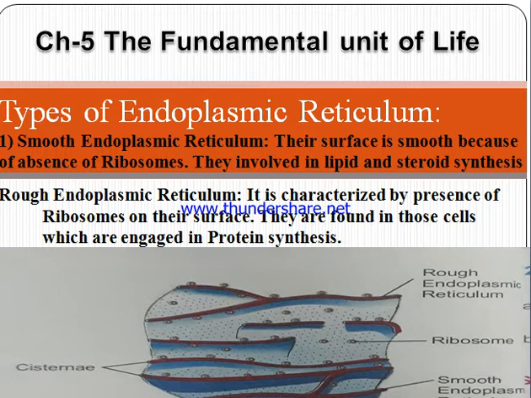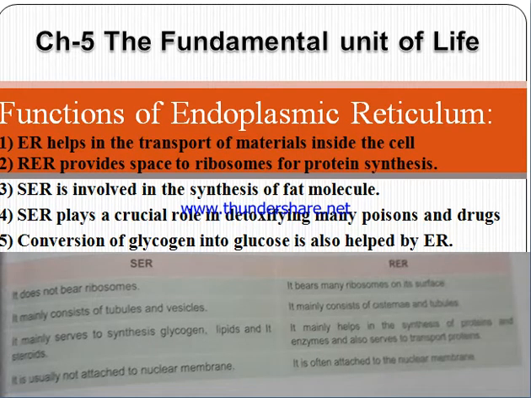Next we come to the difference between smooth endoplasmic reticulum and rough endoplasmic reticulum. Smooth endoplasmic reticulum synthesizes glycogen, but rough endoplasmic reticulum helps in the synthesis of proteins and enzymes.